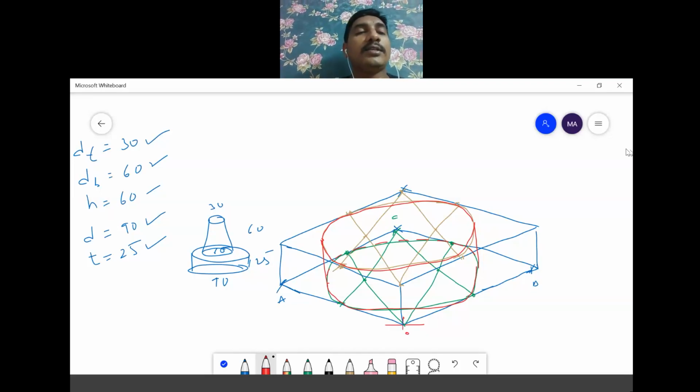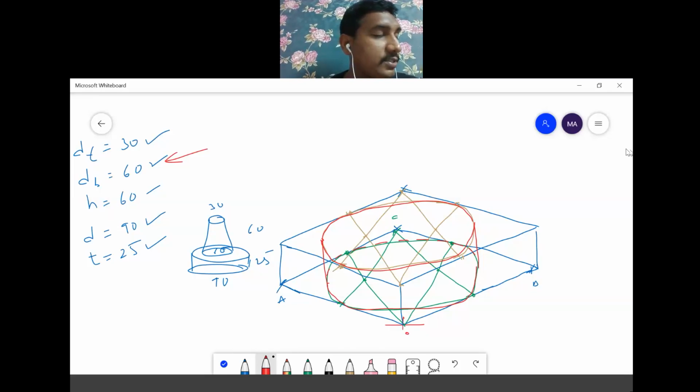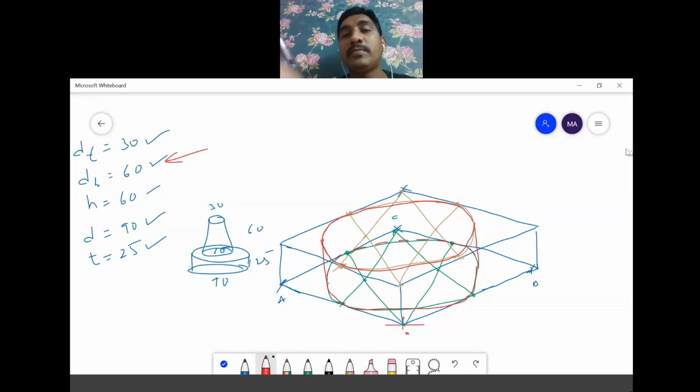So here he has given the bottom diameter as 60 mm.